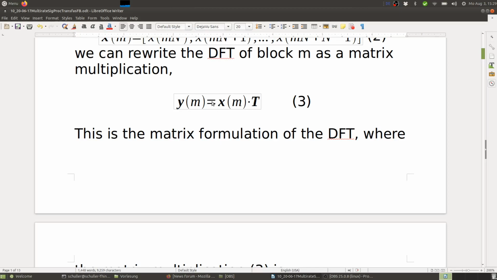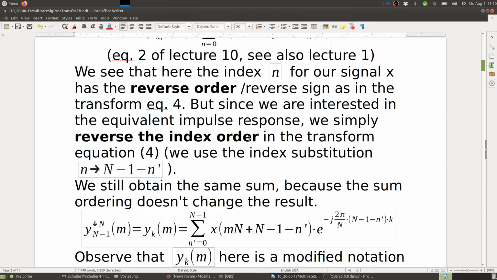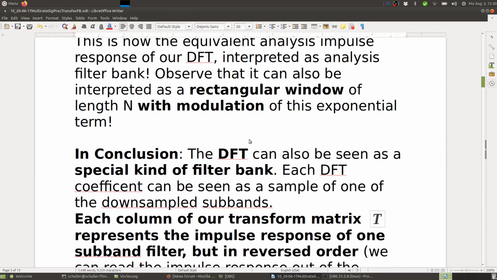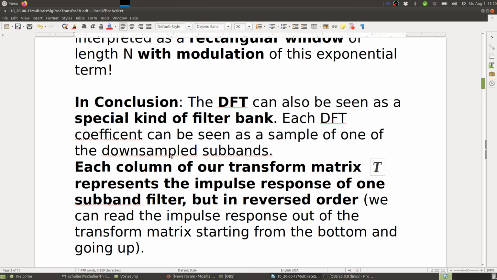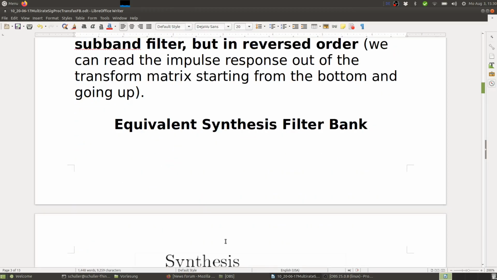It depends on which side you multiply your x. If you would multiply it from the right hand side, then you would have the rows. Here we have it in the columns. Each column contains the impulse response, but in reversed order. So we can read the impulse response out of the transform matrix starting from the bottom and going up.